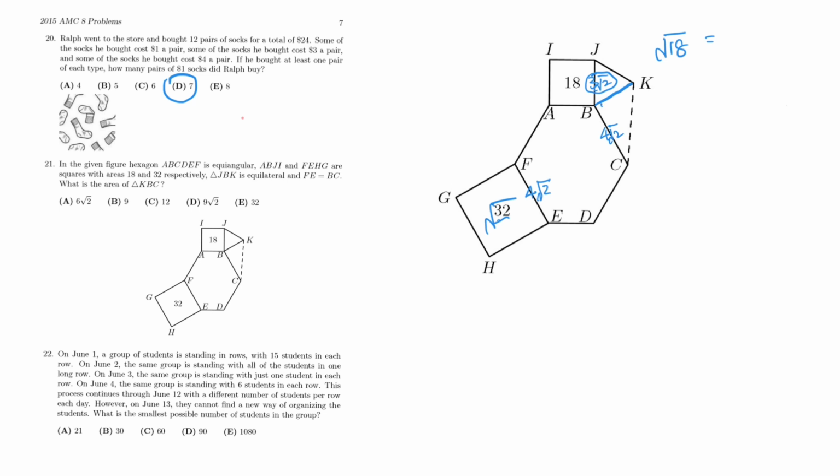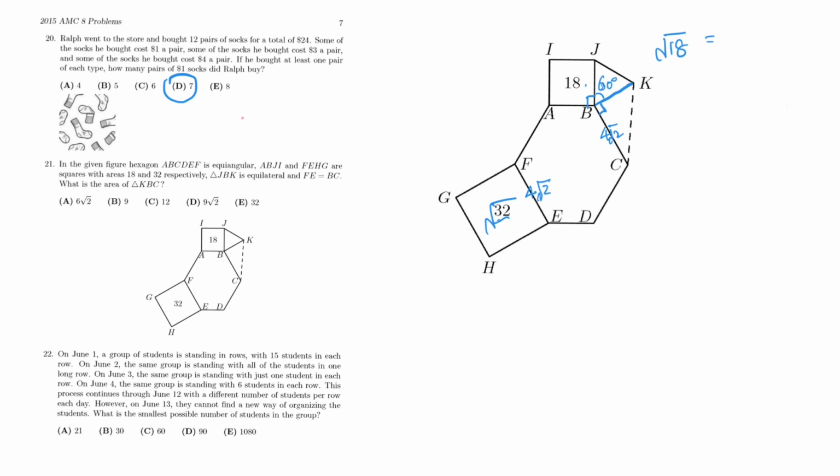So we need to find the angle KBC. If KBC is a right angle, it will be easier, but we will see. Triangle JKB is equilateral, so one angle is 60.